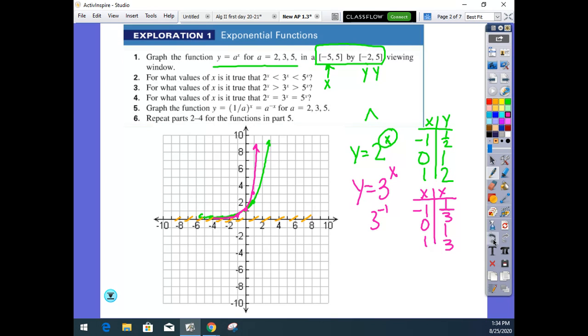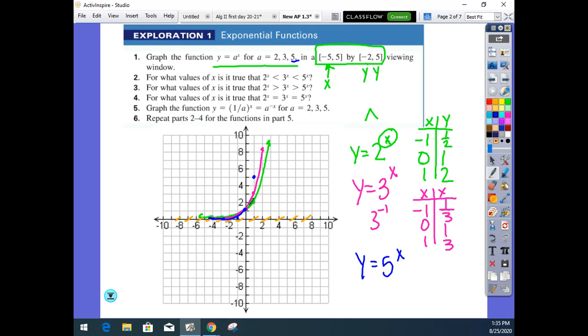I probably got a little big too quick, but now we're going to do 5 to the x. Back to your y equals, do 5 to the x. This is getting really, you can't even tell the difference now.